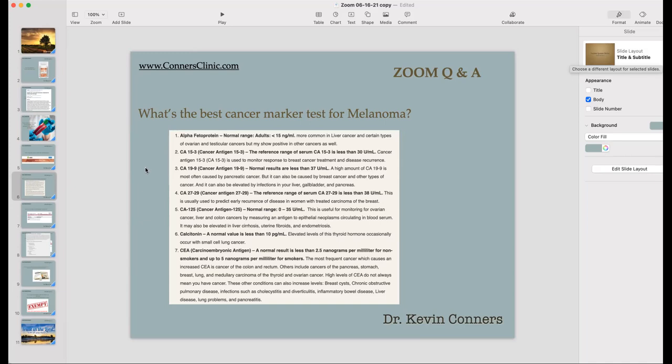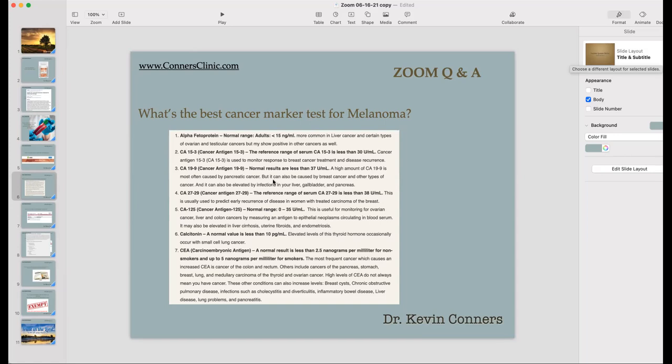That's why it is good once you first have a diagnosis of cancer to have these run so you could get a baseline. Unfortunately, most oncologists don't run these on a routine basis, and there's a reason why. These can rise and fall throughout treatment based upon a couple criteria.